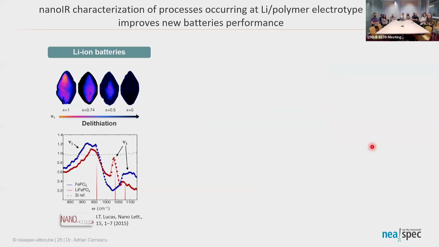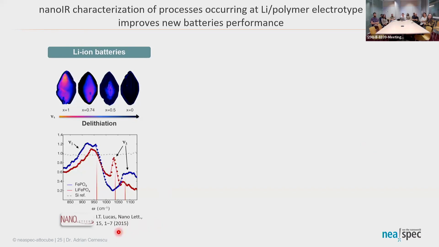Okay, another important topic for research nowadays is, of course, lithium batteries. And although this paper is a bit old, it's from 9 years ago, it illustrates very nicely that you can map and you can also measure spectra and follow chemical processes on very, very small particles.